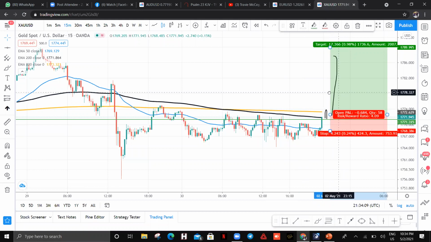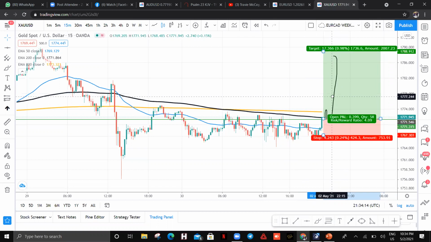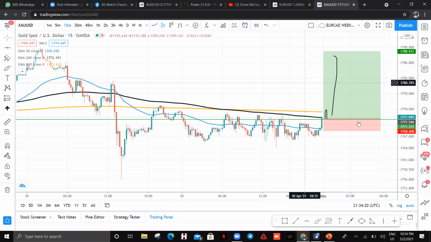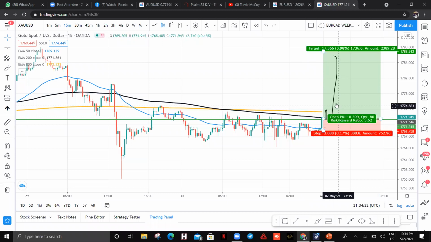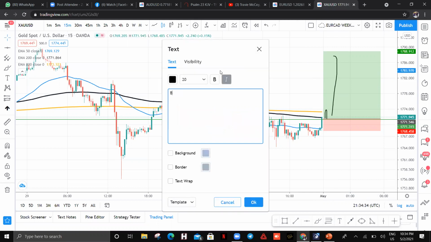So anything above the pivot level, that's what I'm going to take. But if it's not above the pivot level, no. But I'm bullish on what? Gold. So for gold, I have a buy opportunity.